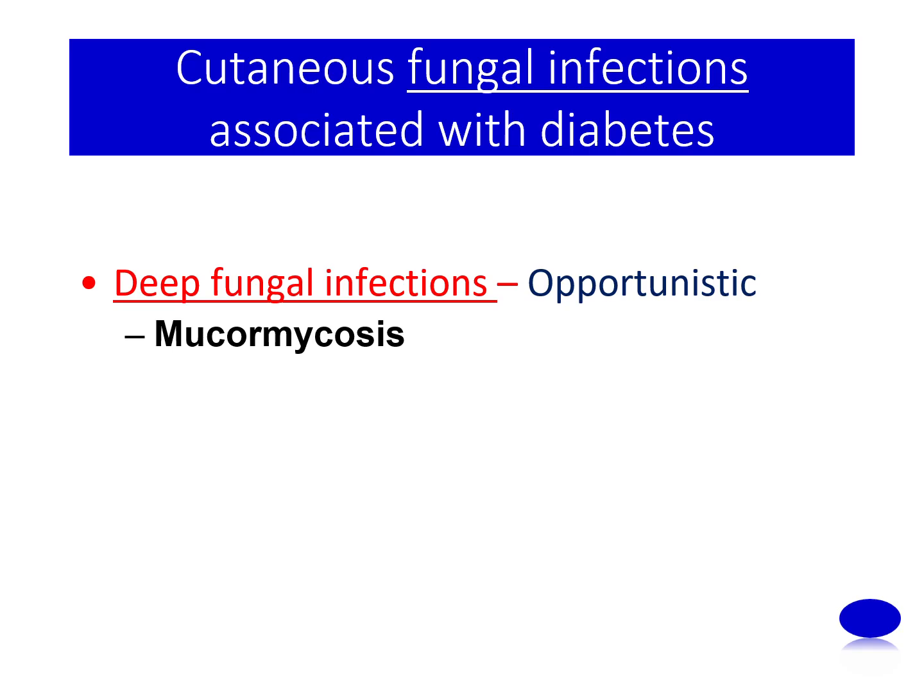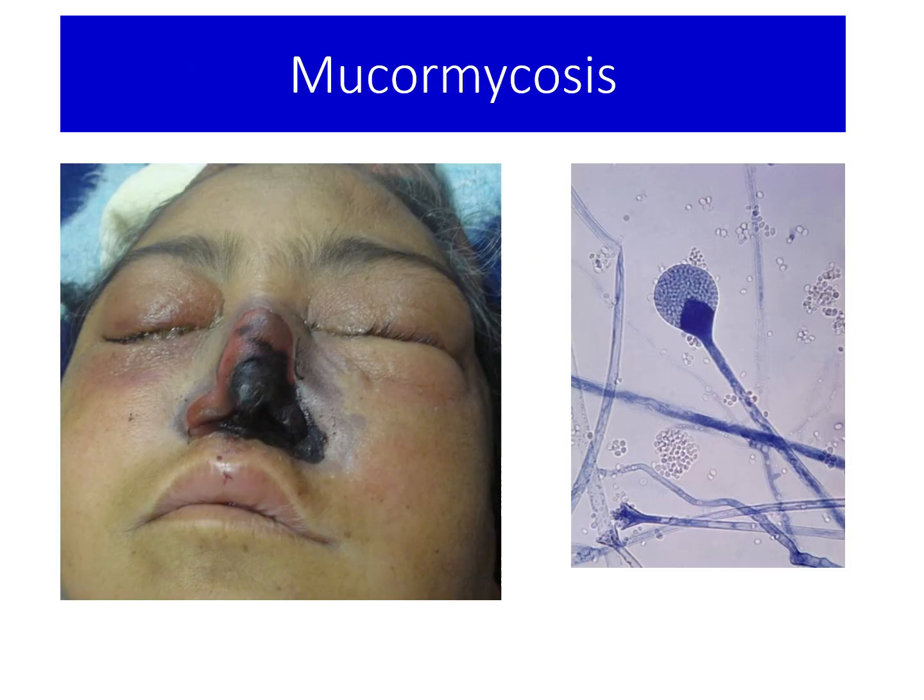So in addition to candida, which is a yeast, diabetics again are prone to develop deep fungal infections with weird organisms, and aggressive fungal infections. One of these opportunistic infections is mucormycosis. It's a pretty aggressive infection. You can see it here involving the nose.